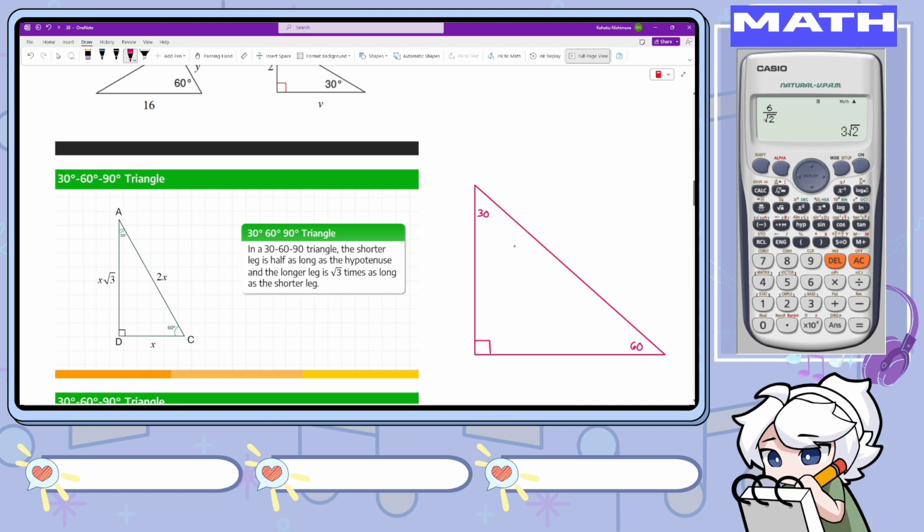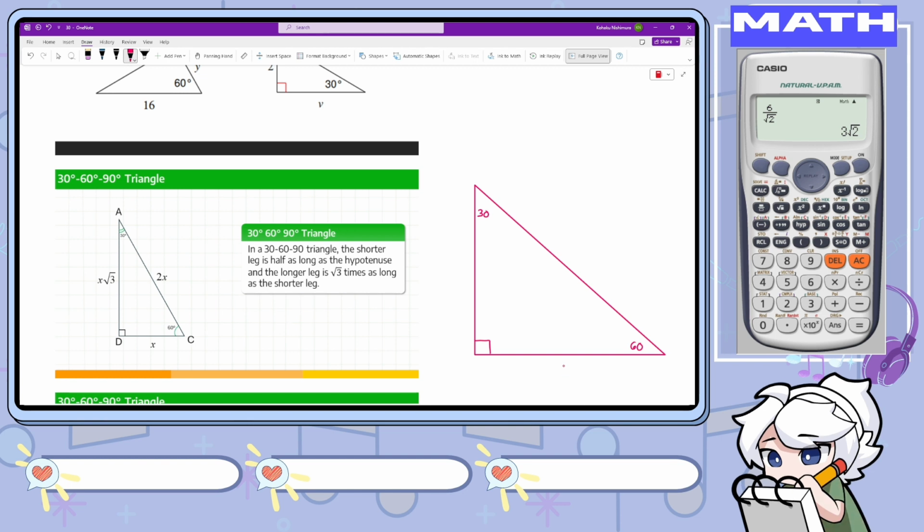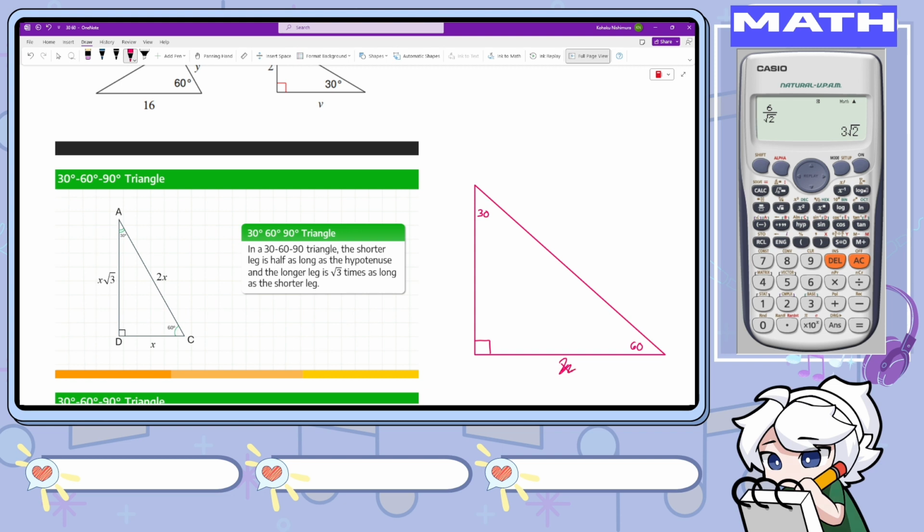And first and foremost, if you have, let's say, 30, in which the measure is x, right? Oh, there's a figure already on the right. Let's not use that. Let's say we have 1, using the side opposite 30, I want to solve for where is 60.